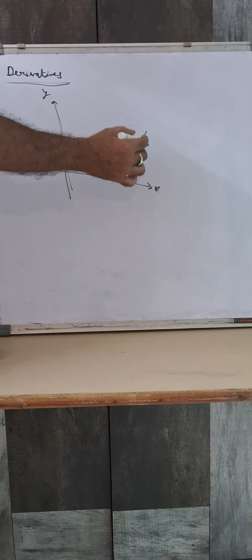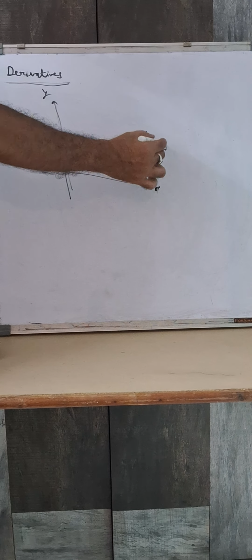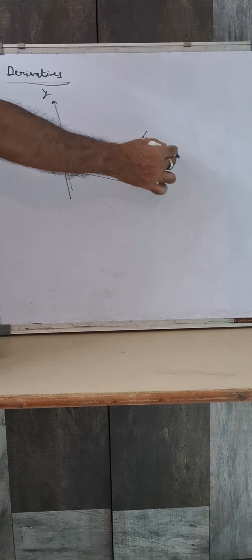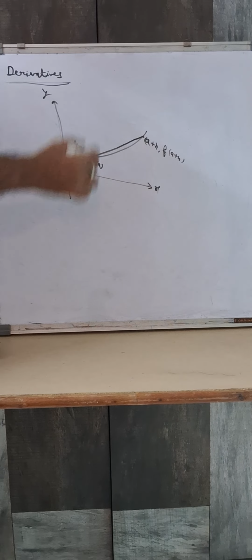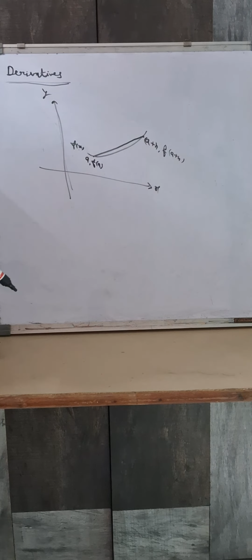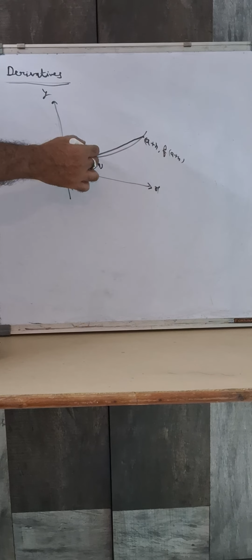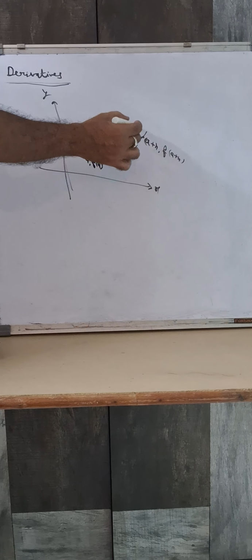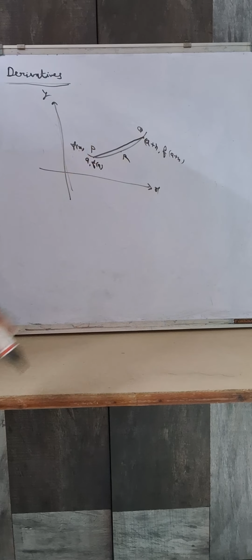Here is point a plus h, whose value will be f(a plus h). This is point P, this is point Q. Now we find the slope of PQ.